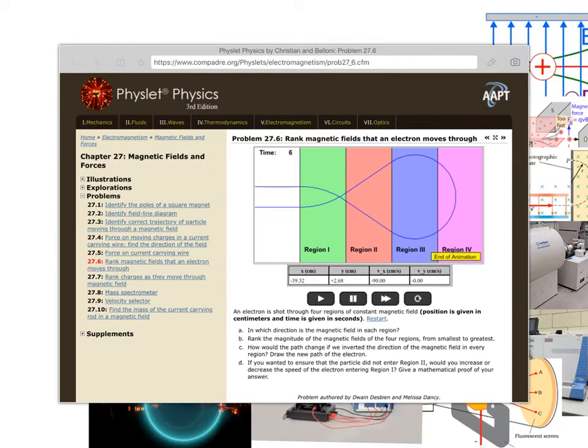So let's think about it. It's an electron. So it's moving along the x-axis. Just make sure you remember it's coming in here.